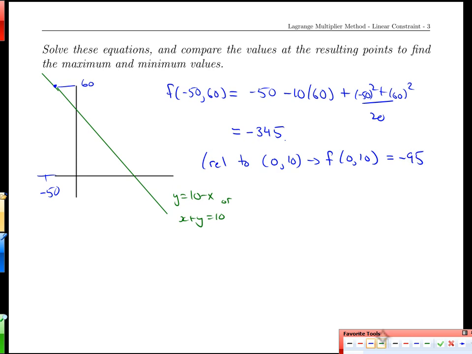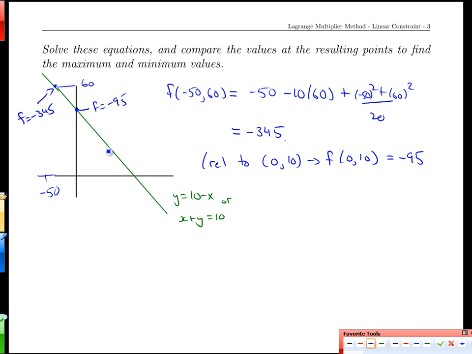And so if we compare points here, let's put another one on here. This one has f equals minus 95. This one has f equals minus 345. So it would appear, just by a quick comparison, that this point is likely a minimum of the function if we're limiting ourselves to this pathway, to this line y equals 10 minus x.